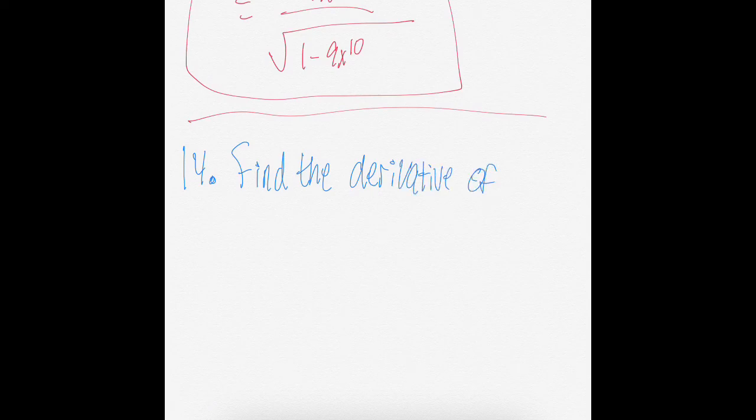That's the first one. Find the derivative of, okay, so y equals ln of tan inverse of 9x cubed. Is that right?